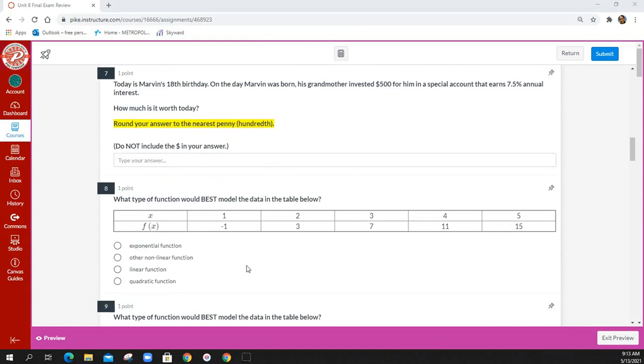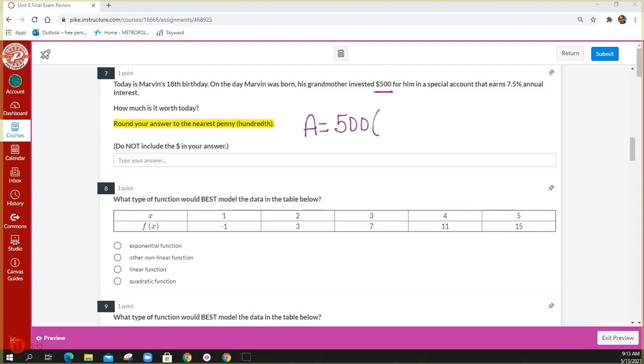Number 7, we have Marvin. This is his 18th birthday. On the day he was born, his grandmother invested $500 into a special account that earned 7.5% annual interest. How much is it worth today? So A is going to equal how much was invested, which is 500, and it's earning 7.5%.